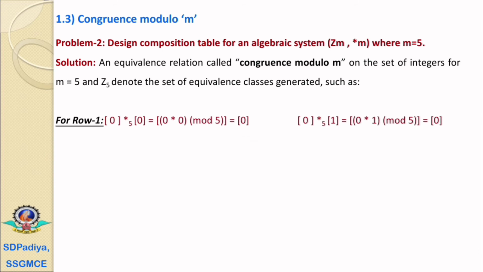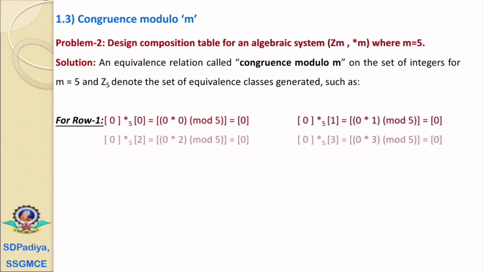For the first row, when i equals 0, j may be 0, 1, 2, 3 and 4. That's why for the first row, the first operation is class 0 into class 0. It is i into j, that is 0 into 0, 0, and 0 mod 5 is 0. The second is 0 into 1, it will be 0 and 0 mod 5, again it is 0.